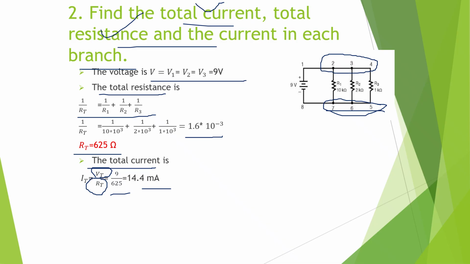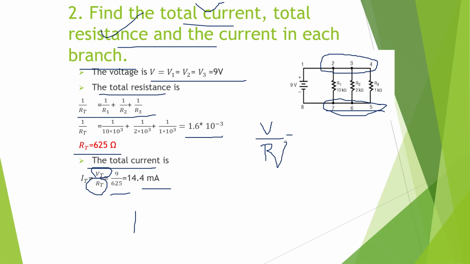For the current in each branch, let us take I1. See here there are three resistors, so you can't apply the current division rule. For two resistors we can apply the current division rule, but as there are three resistors, we use the famous Ohm's law, V by R. What is my V here?